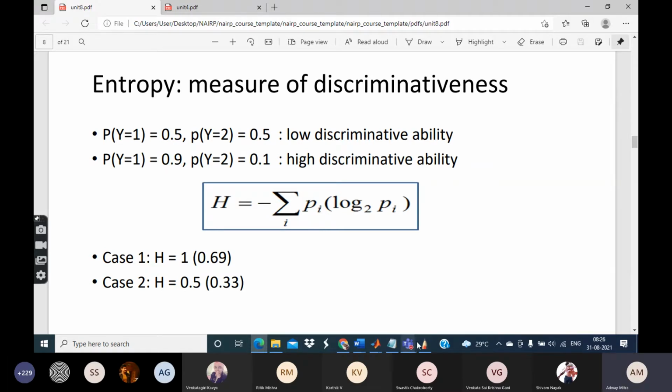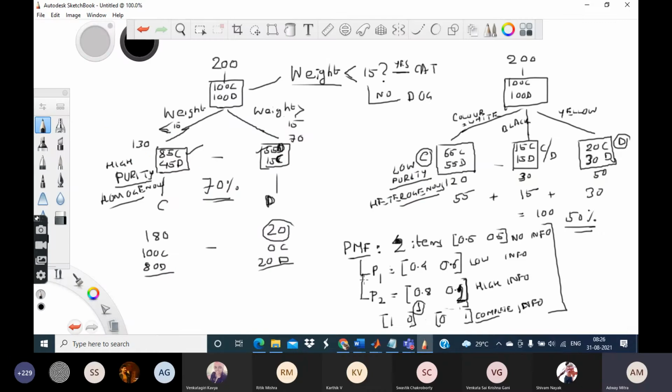So if we look at this one, 0.8, 0.2, then I write its entropy as minus 0.8 times log base 2 of 0.8 minus 0.2 times log base 2 of 0.2. This is how you can calculate the entropy in this case.